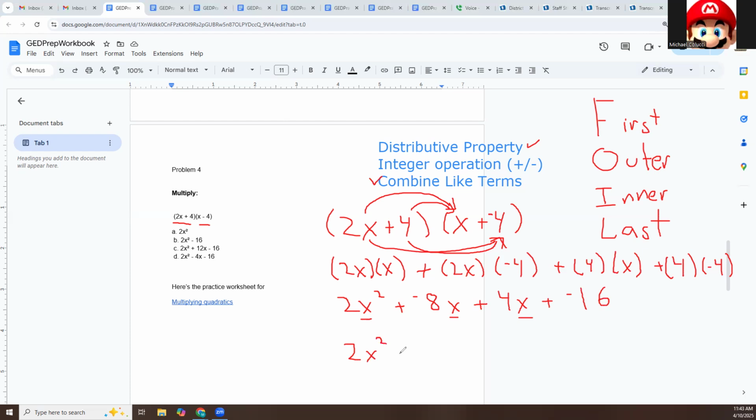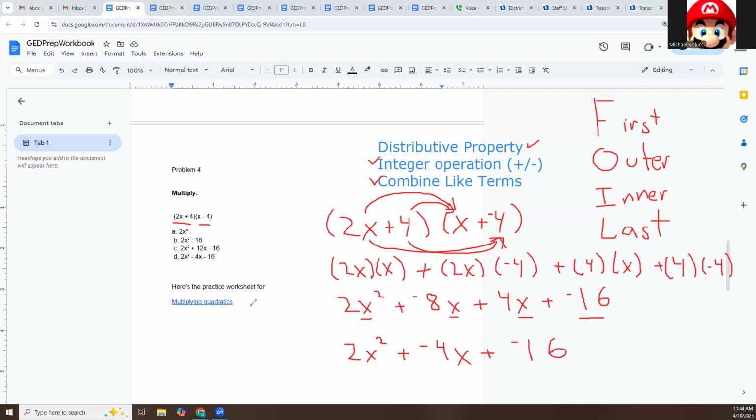Here I have a negative 8x, and I'm adding it to a positive 4x. This is my integer operation, adding and subtracting negative and positive numbers. So if you have to review that, please do. But this is a negative 4x. And I only have one number that has no variable unit, and that's a negative 16.